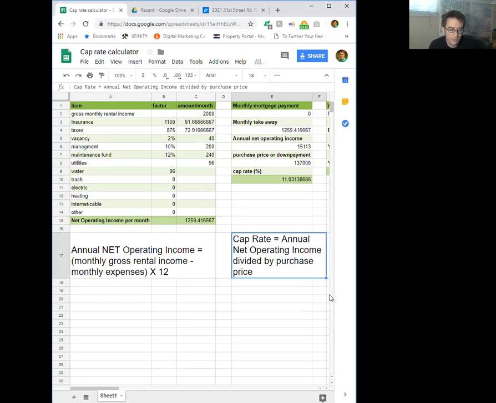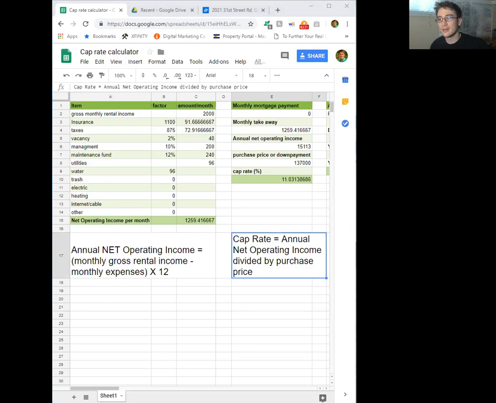Also, asset type greatly influences your cap rate. The higher quality the asset type, the lower the cap rate will be, and vice versa, the lower quality, the higher the cap rate, because they're technically more risky, and higher quality investments will technically require more maintenance as well. Furthermore, interest rates tend to affect cap rates, because the higher the interest rates are, the less money you can make off your potential investment.